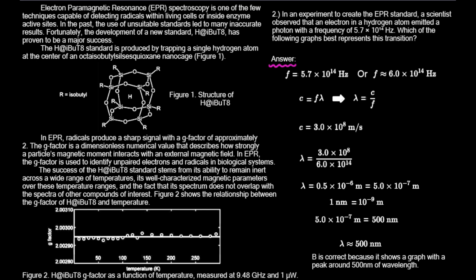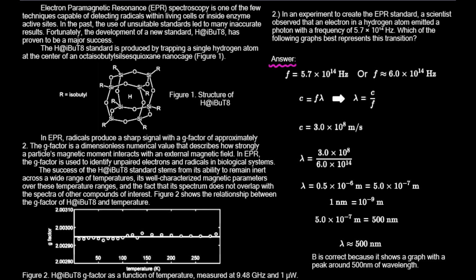We're given the frequency of a photon as 5.7 times 10 to the 14 hertz, and we are asked to find which graph best represents this emission. We can round 5.7 times 10 to the 14 to the nearest whole number to give us 6 times 10 to the 14. We use the equation: speed of light is equal to frequency times lambda, or wavelength.